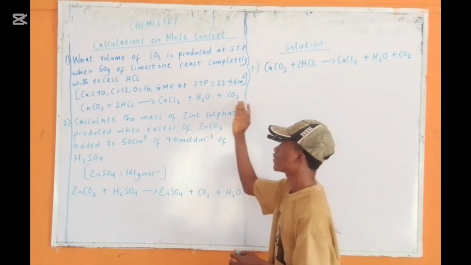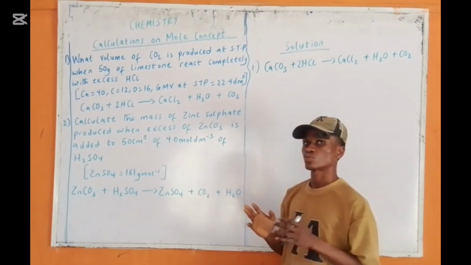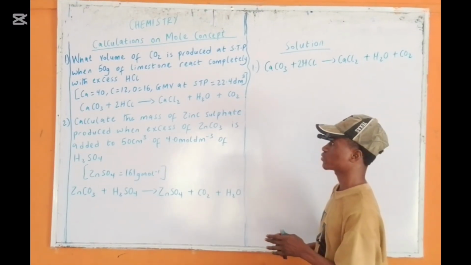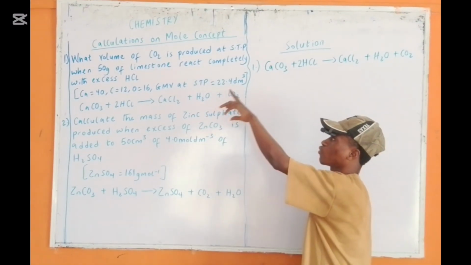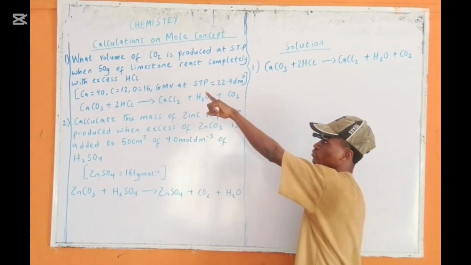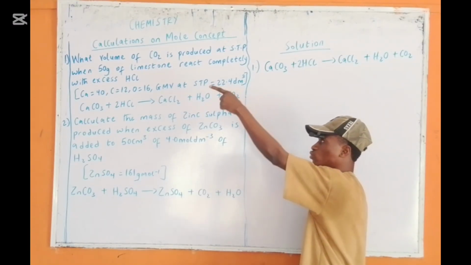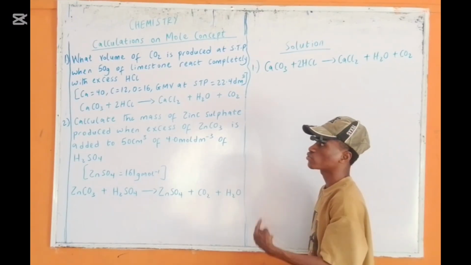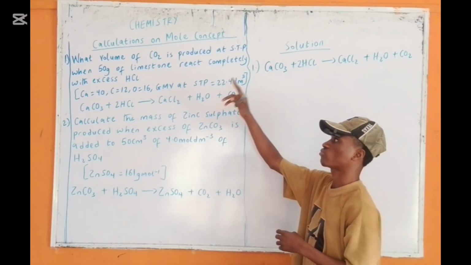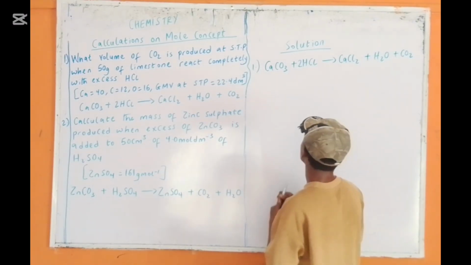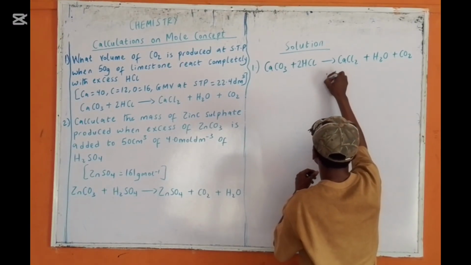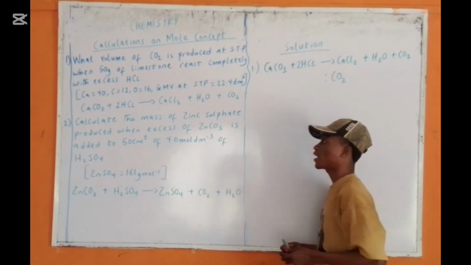Amidst the 5 of these, which 2 are we relating? The first one, what volume of CO2? So CO2 is the unknown, so we have to calculate something about CO2, and the question says what volume of CO2. So CO2 is the first one. Now which one has value?